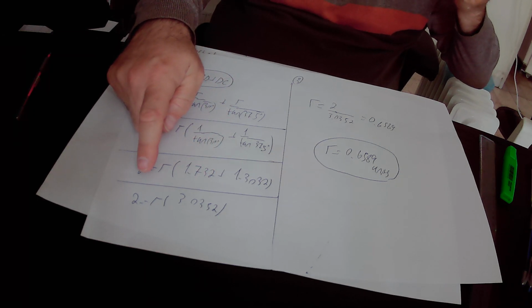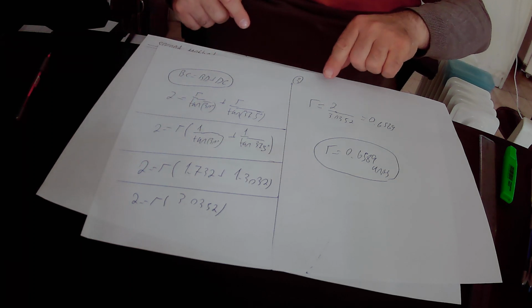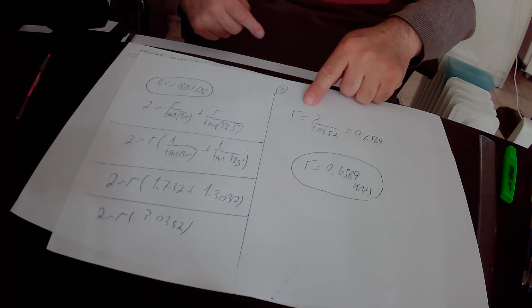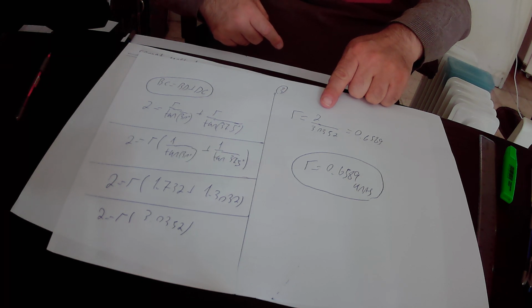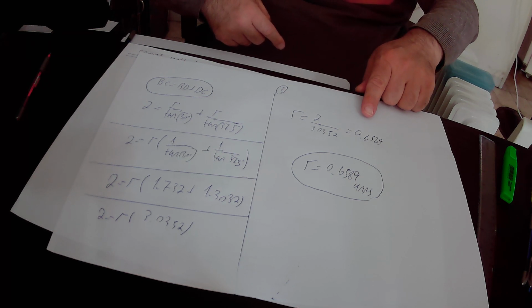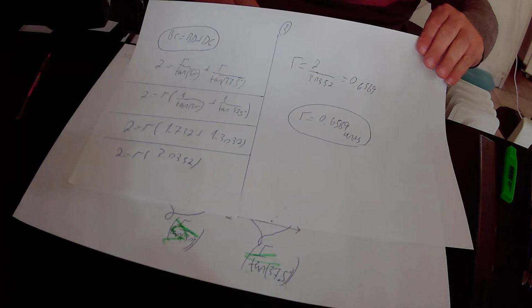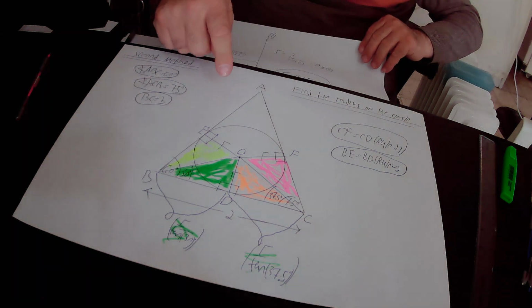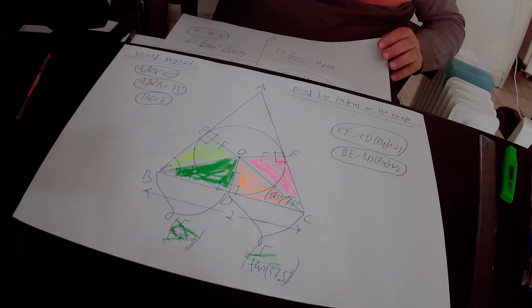We divide this equation by 3.0352 and find that R, the radius of the circle that we are looking for, equals 2 over 3.0352, which equals 0.6589 units. So in both methods we found that the radius R of this circle equals 0.6589 units. Okay, thank you very much.